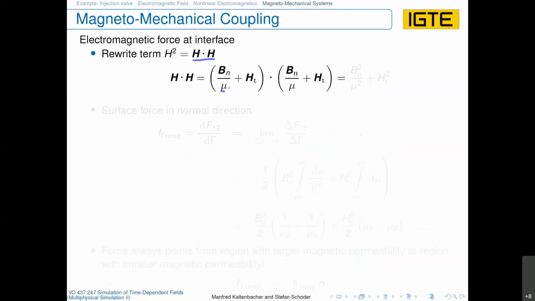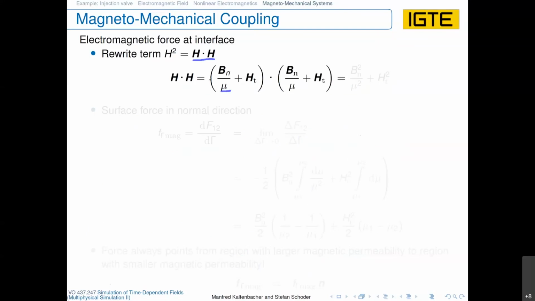So it is the vector b just in normal direction over the permeability plus the tangential vector of the magnetic field intensity, and the same clearly on this side.